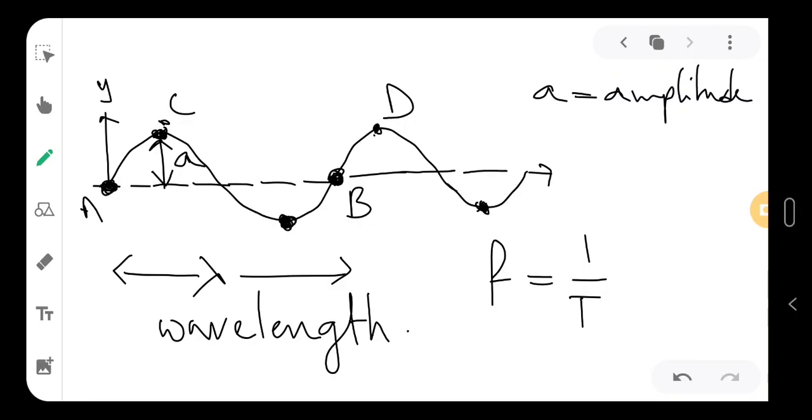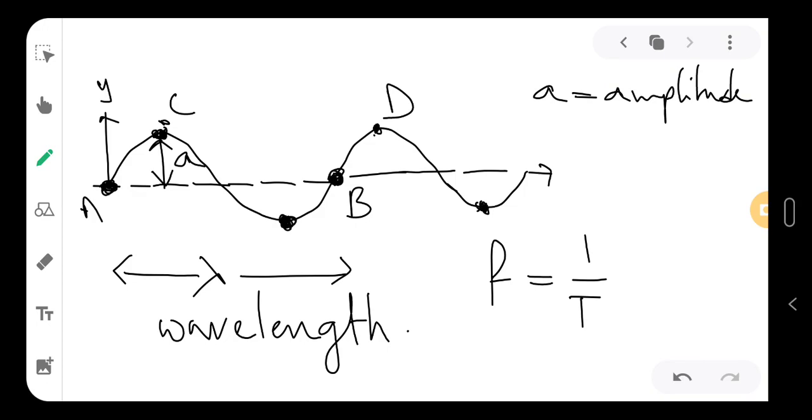A wave is created by a lot of oscillations occurring successively, and oscillation is only concerned with single particle motion. So this is wavelength and this is your frequency.